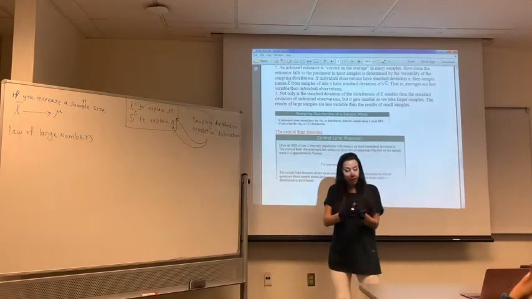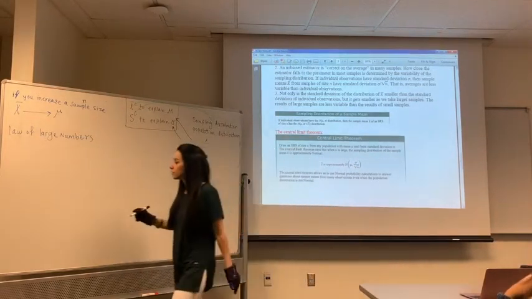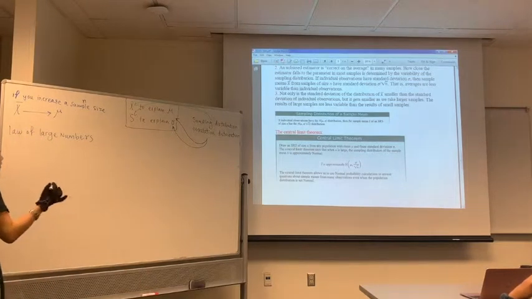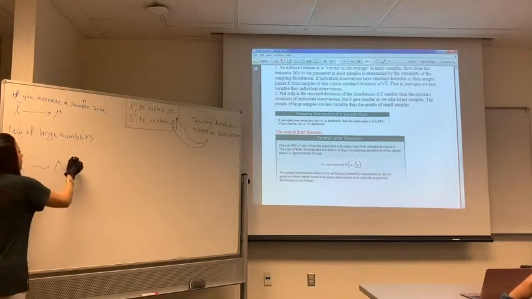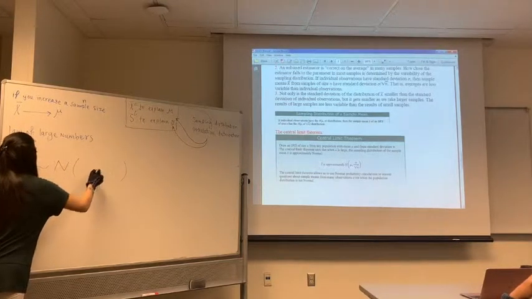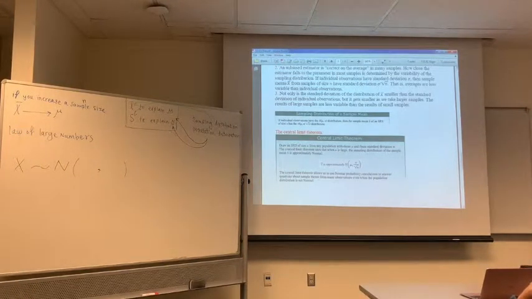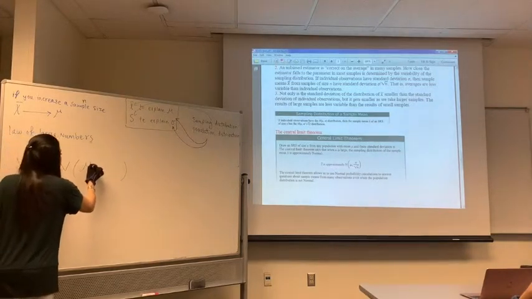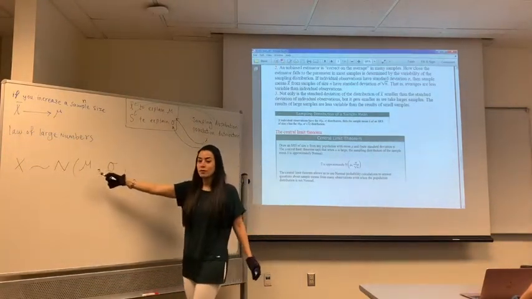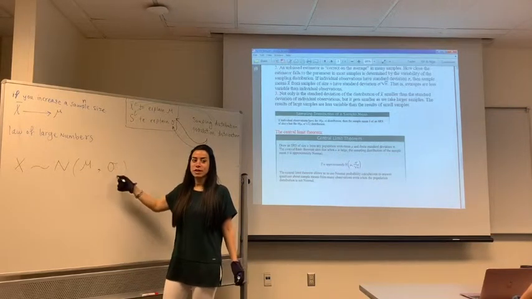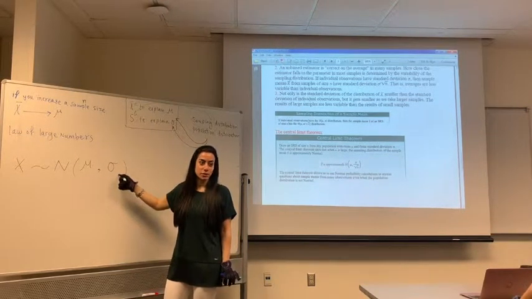So, if you remember, previously in chapter 3, we were showing something like this. X has a normal distribution of mu and sigma, correct? So the mean was mu of the population, sigma was the standard deviation of the population.